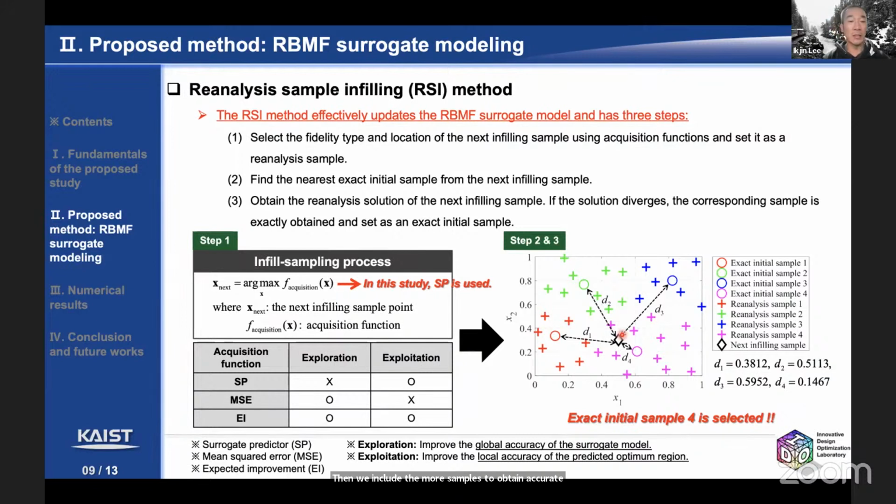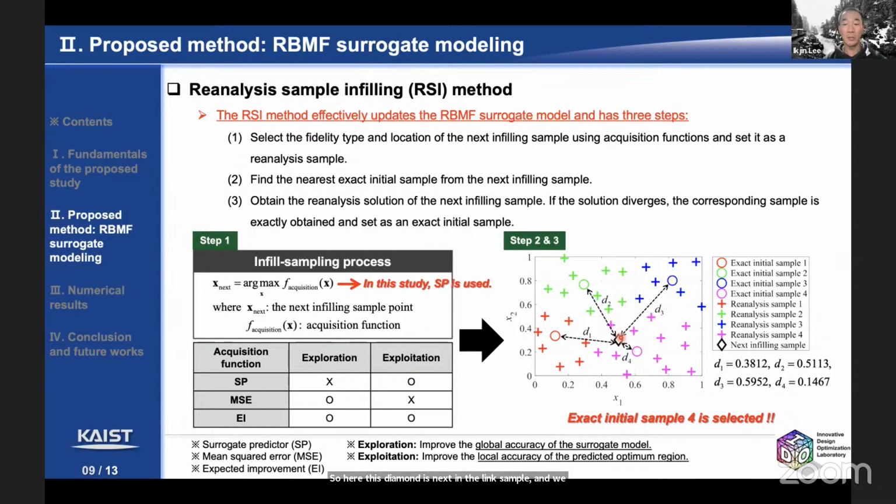That is done by the reanalysis sample infilling method. For that purpose, we need to introduce an acquisition function, and the point that maximizes the acquisition function is the next infilling point. So here, this diamond is the next infilling sample, and we need to include 1 more sample here.